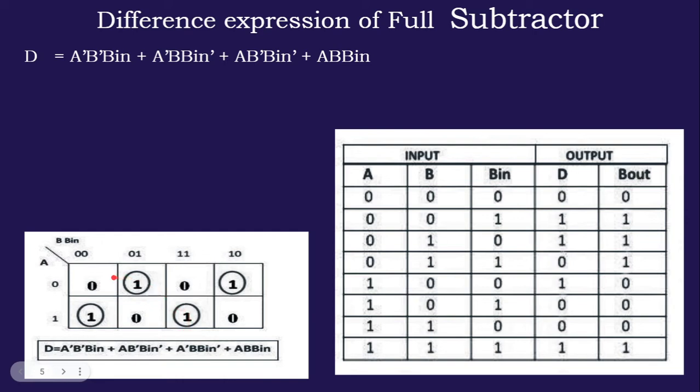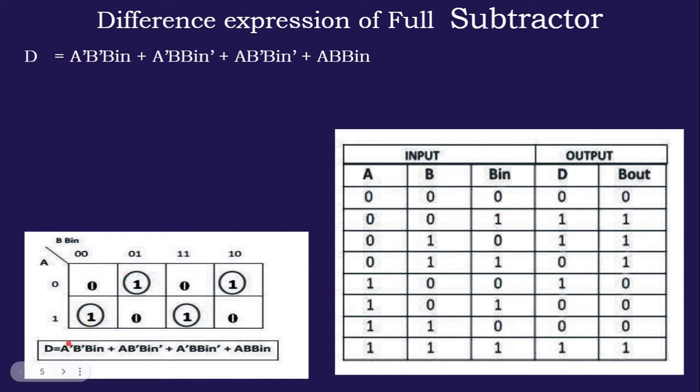We have to find the equation for these singlets individually, and join the equations by the plus. For this singlet, the value is A bar from this position, and then B bar and B in, so the answer is A bar, B in.